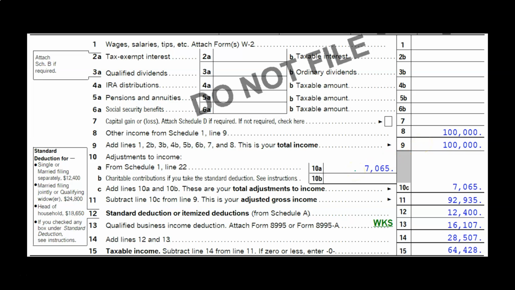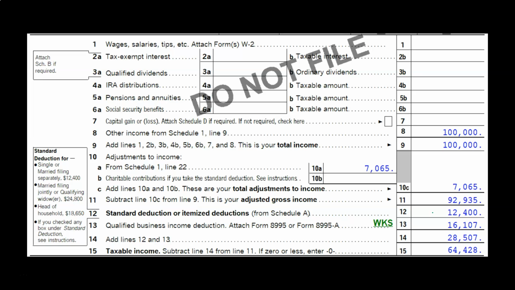We also have an adjustment to income. That's our above the line type of deduction. That is also related to our Schedule C, so we'll see that shortly. And then we have the 92,935 in this example, that being the adjusted gross income. Standard deduction, that's because they're single. This is going to be the single standard deduction here.